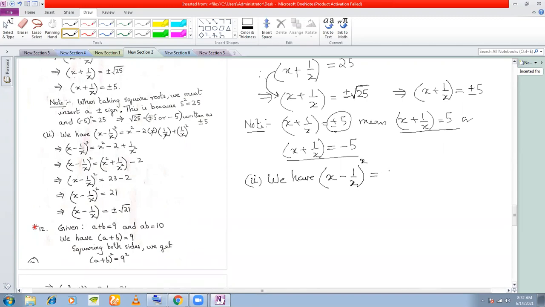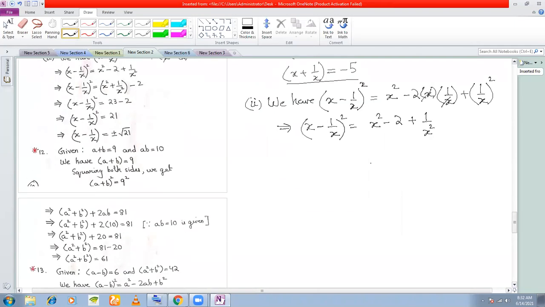Write down the expansion. It is a square minus 2ab plus b square. Okay, so this is x here will cancel. So you get x square minus 2 plus 1 by x square.